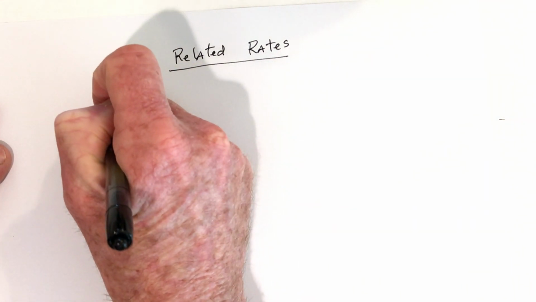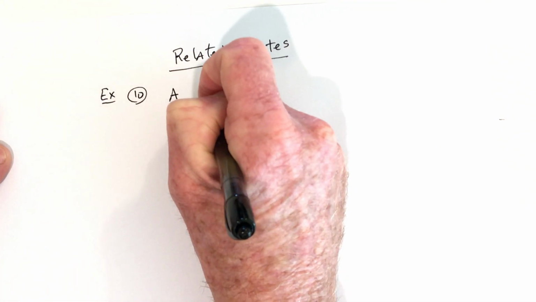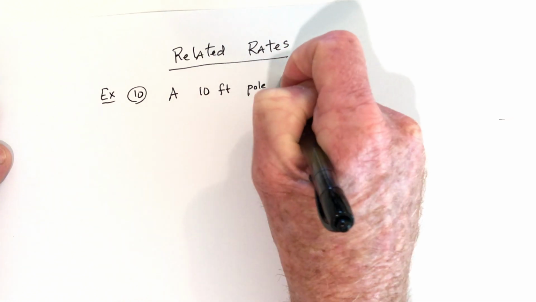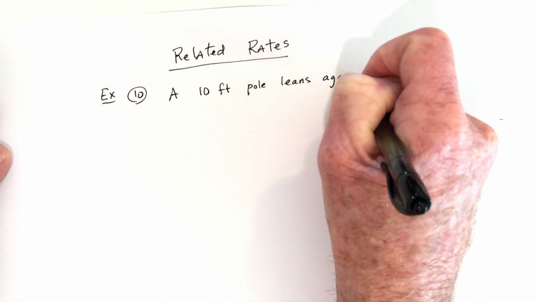So for example, number 10, a 10-foot long pole leans against a wall.